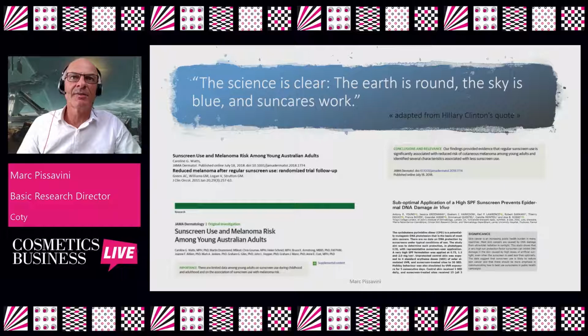But most of the time, the SPF claim and the SPF that you find with an institute will be very close. And yes, the science is clear. Sunscreen works, because you can also find many different publications saying that please use sunscreen, because the risk of melanoma, of cancer, of skin aging decreases if you use the sunscreen.